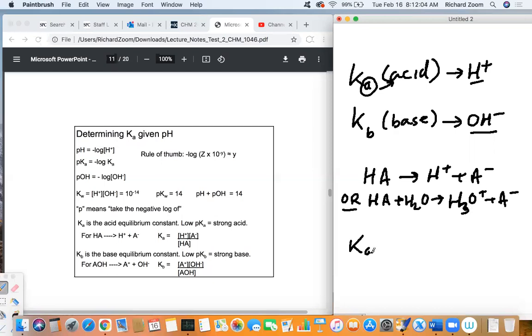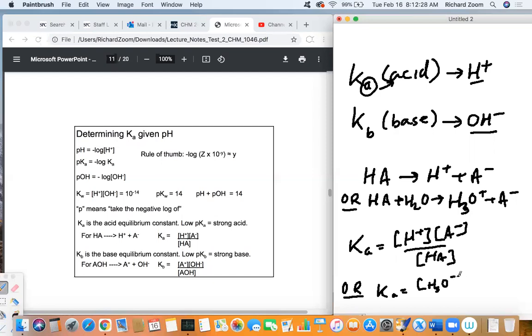So Ka will equal H plus times A minus over HA, or Ka equals H3O plus times A minus over HA.